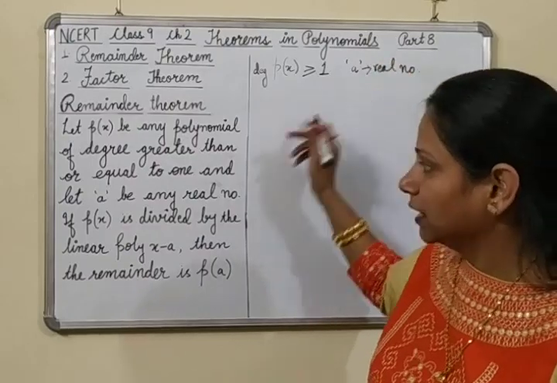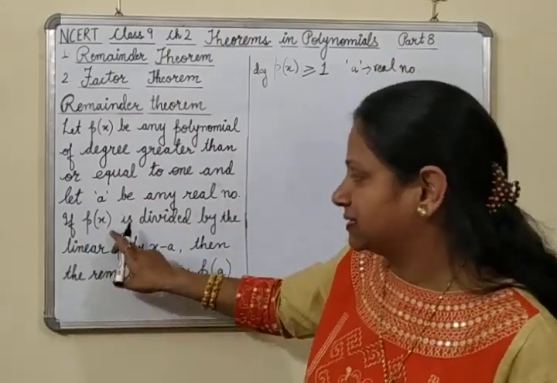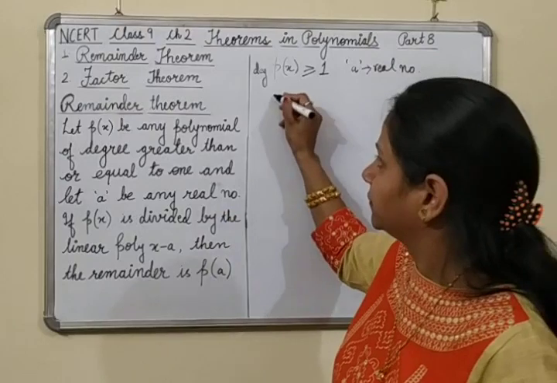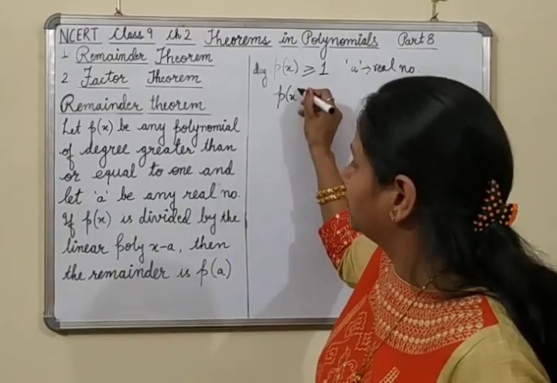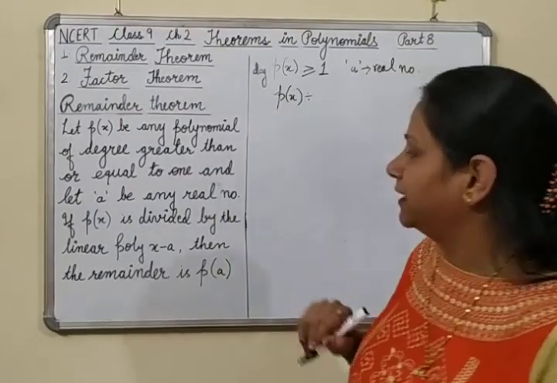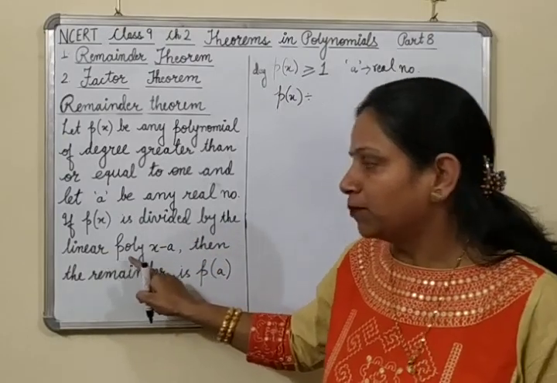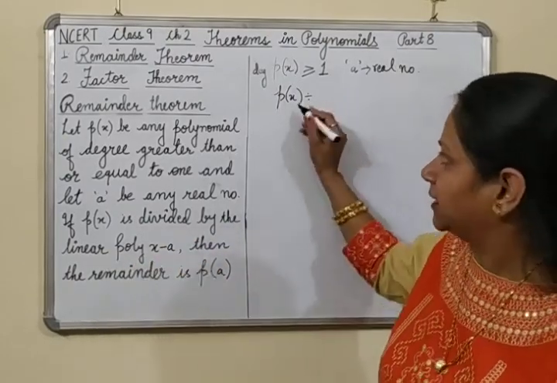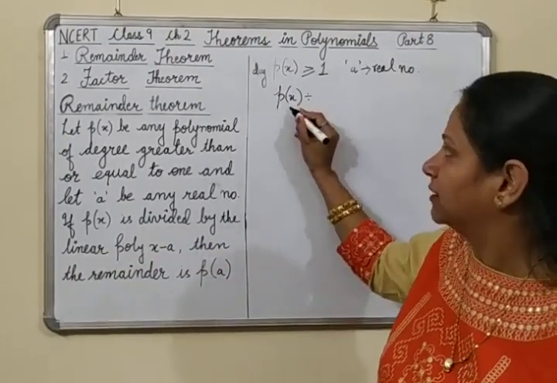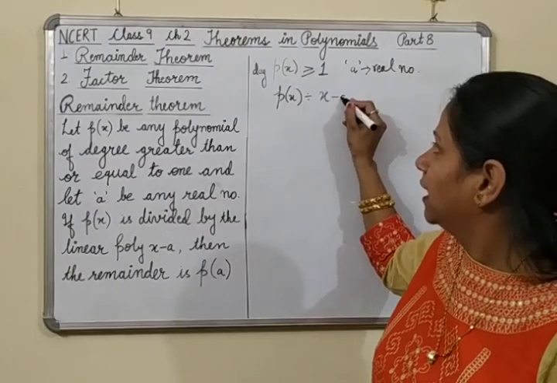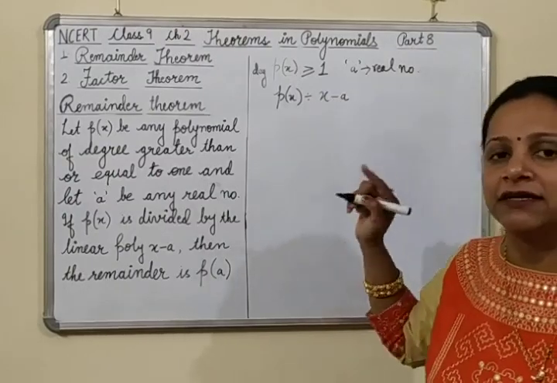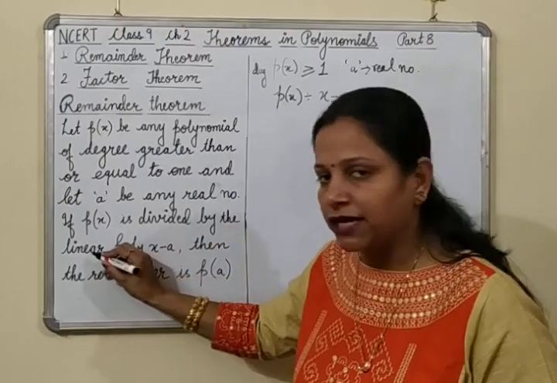Then if P(x), the polynomial that we have taken, is divided by the linear polynomial x minus a. Now what is a linear polynomial?